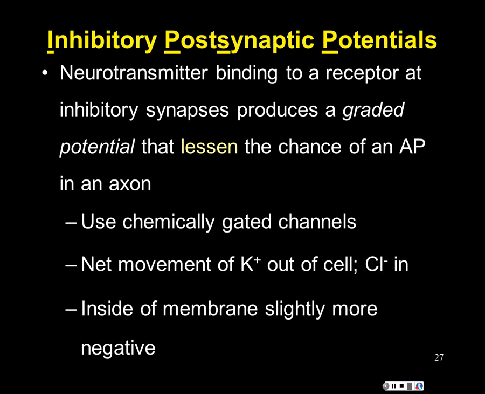The whole point of this is to prevent an action potential. It also uses our chemically gated channels. What you'll see is probably more potassium moving out and or chloride ion, which is negatively charged, moving in. If you take something positive out or add something negative, the membrane becomes more negative, or we could say hyperpolarized.